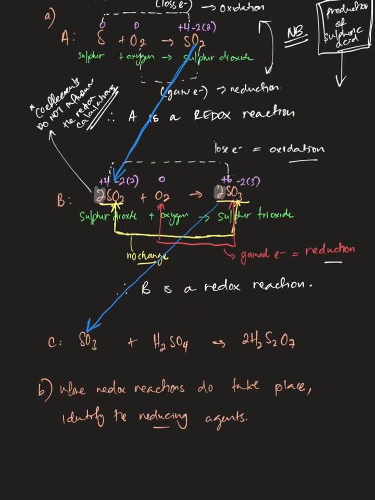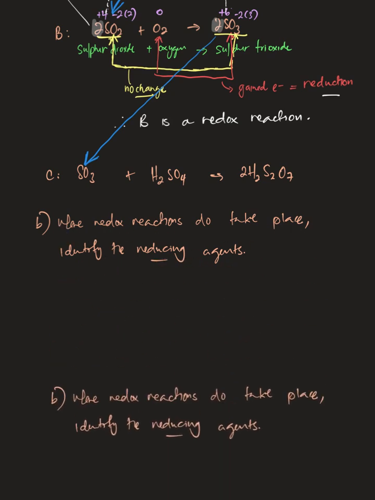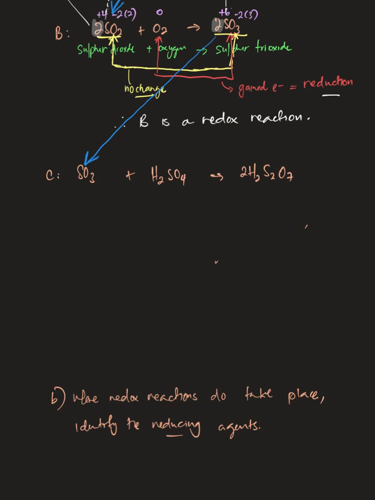All right, let's have a look at 3. I just want to do something. 3, just copy that. Move that here. Right, with 3, let's see what it says. It says there that you've got SO3 plus H2SO4.